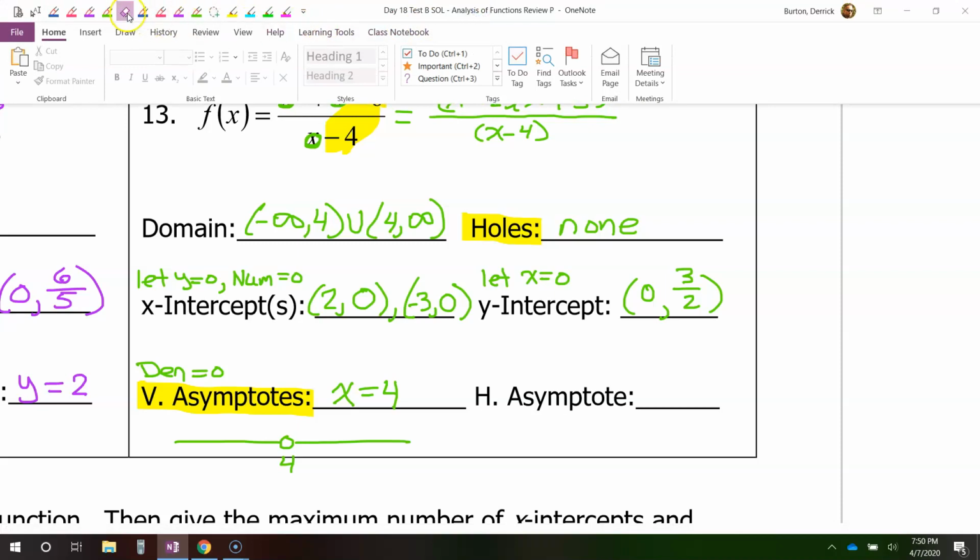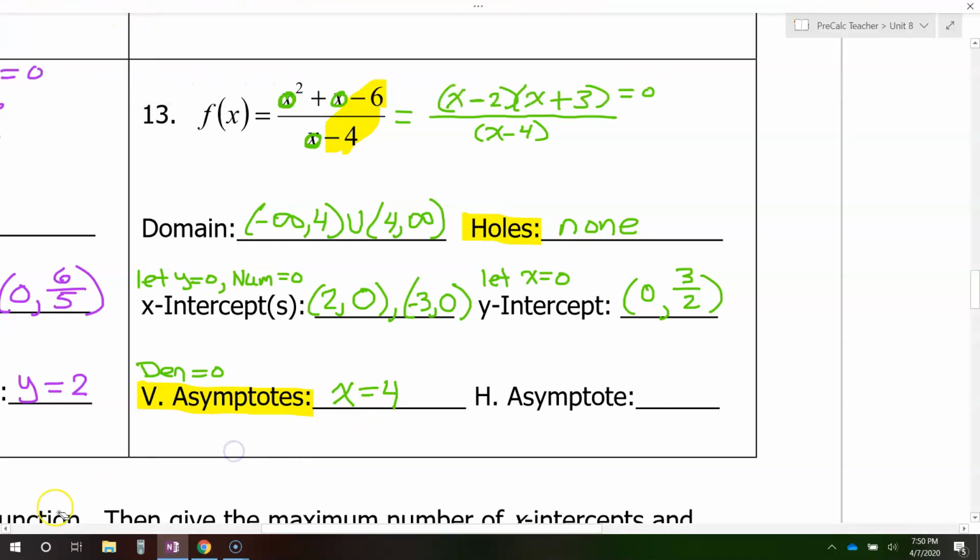Last, let's talk about the horizontal asymptote. If there is a horizontal asymptote, it'll come from the end behavior. If the end behavior is a constant, then that'll be your horizontal asymptote. Now, the end behavior is all about what happens to the function as x approaches infinity or negative infinity.